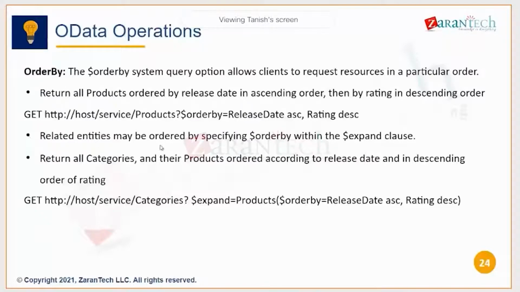Related entities may be ordered by specifying order by in which the expand clause is included. So you can include some expand clause if you want to order with additional categories.